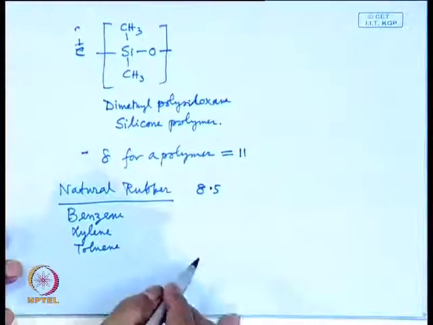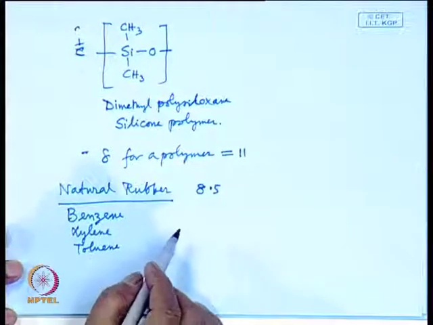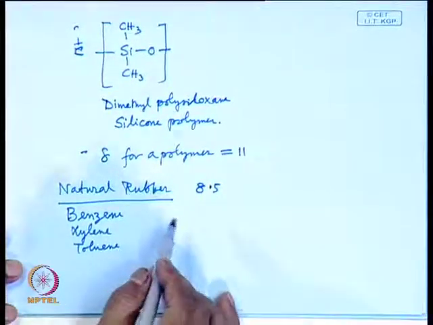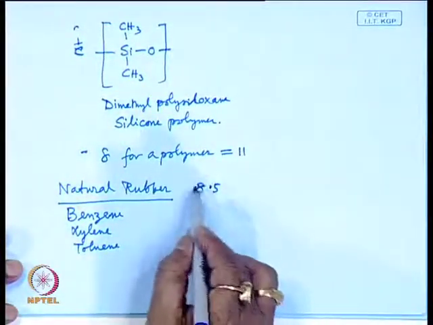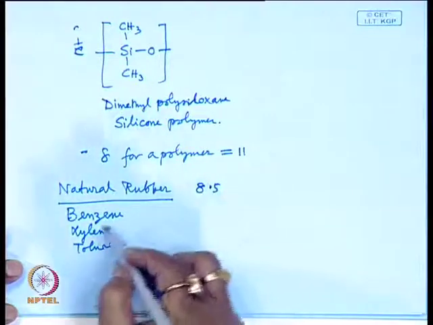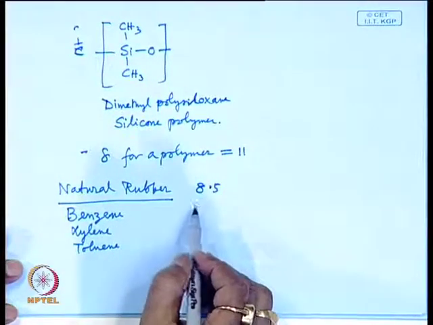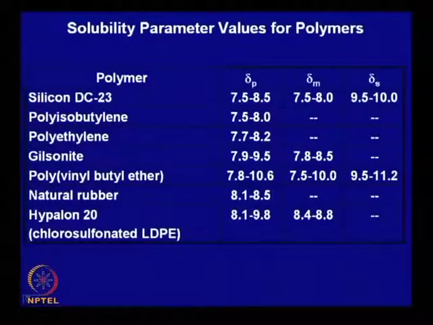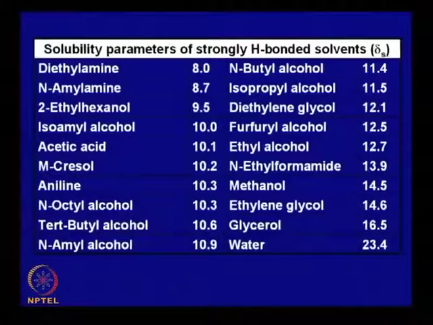These are hydrocarbon solvents. Decalin, tetralin, these are also good solvents for natural rubber. So, if you put natural rubber in benzene, it will go into solution. So, look at the solubility parameter values of benzene, toluene, xylene.